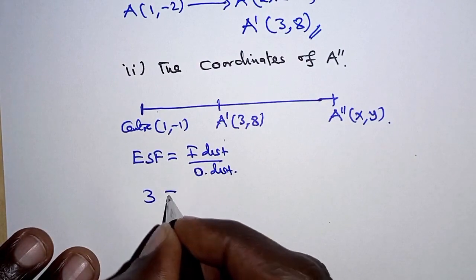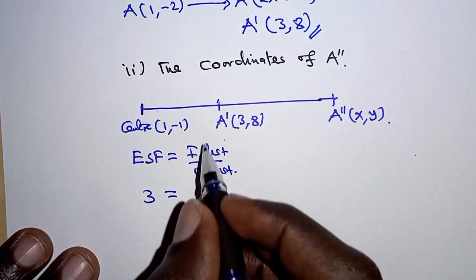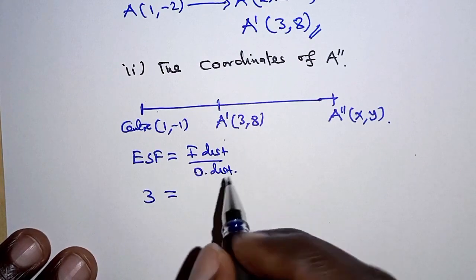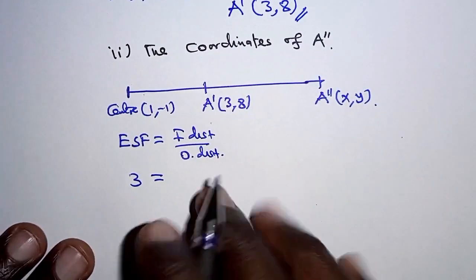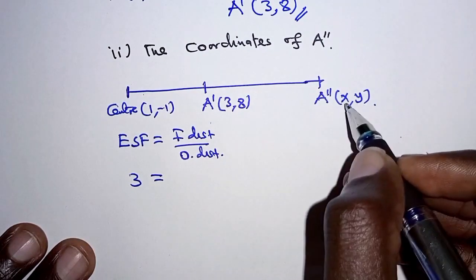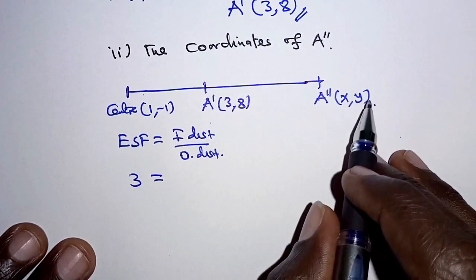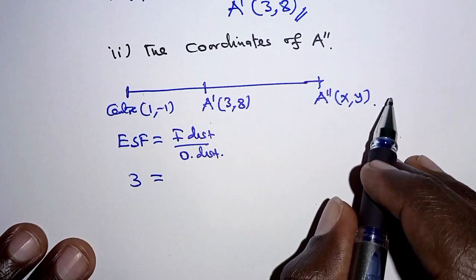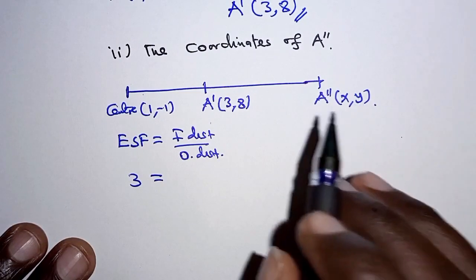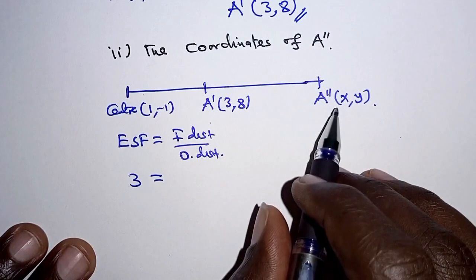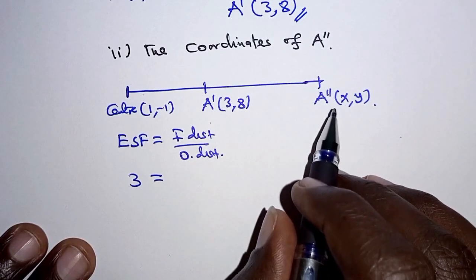So we'll equate that to the ratio of the image distance to the object distance. And this is what we're going to do. Remember, our aim is to get the values of x and y. So we're going to deal with the y coordinates independently as we determine the value of y, and the x coordinates independently as we determine the value of x.